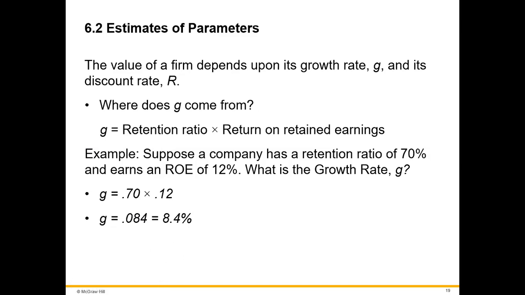So you're not grabbing numbers out of the sky. You can actually calculate that. So when you're determining your growth rate, you've got to think about those assumptions. How much is that company going to keep in the future? And what's their normal return on equity? That will determine the dividend growth rate, the g.